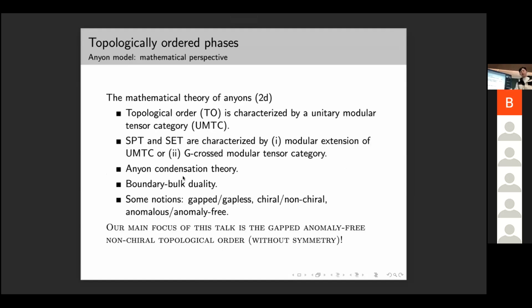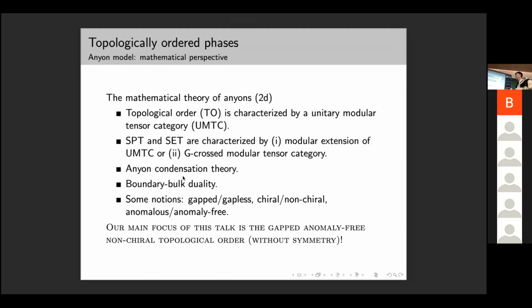Okay, so the above is just some physical background about the topological order phase. From the mathematical point of view, for 2D topological phases, we now have a very good understanding of the mathematical theory. It's characterized by the unitary modular tensor category.